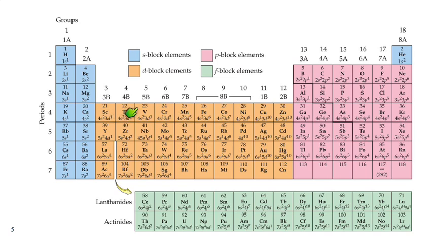When we get to the d block, it's a little bit different, because the 4s sublevel fills before the 3d sublevel. So this is not the 4d, this is 3d.